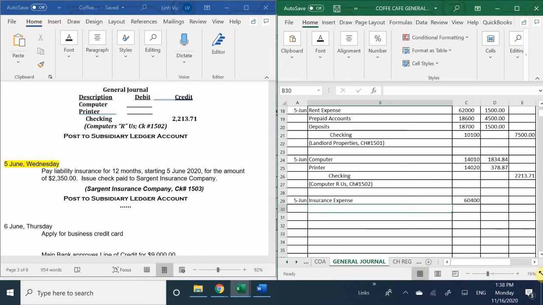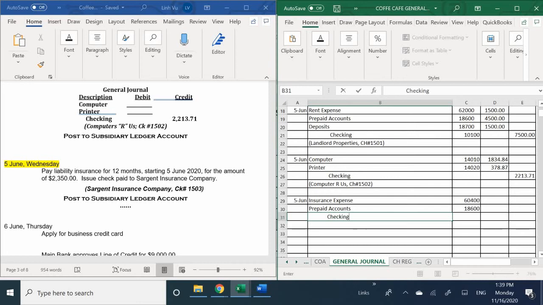And then I have prepaid accounts for 18600. And lastly, how am I paying for this? Check. Yes, we're going to pay using a check. So checking.